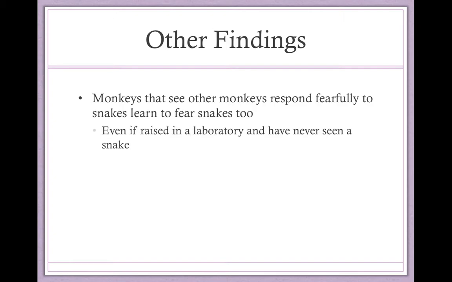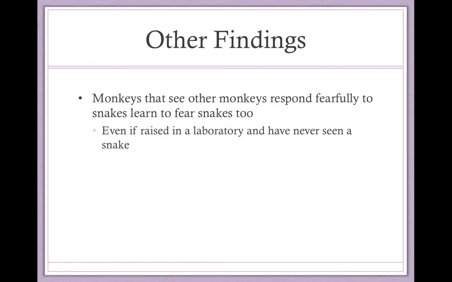And what's really interesting about this is this happens even if the monkey was raised in a laboratory and has never seen a snake before. So what they did here is they had an initial monkey that was trained to fear snakes.